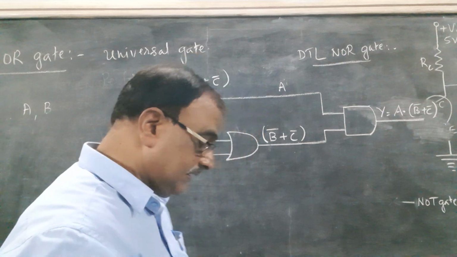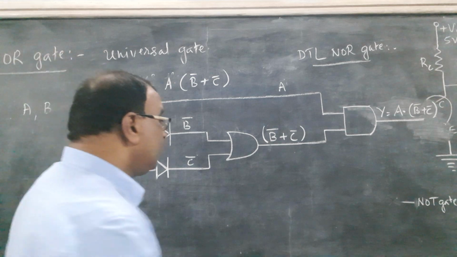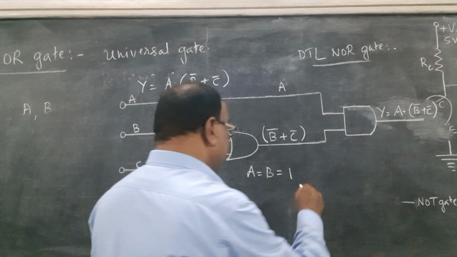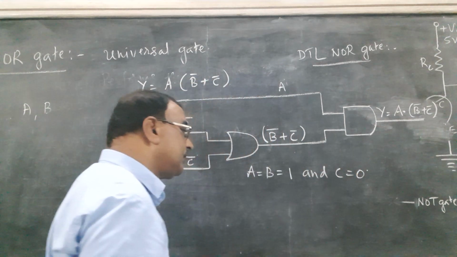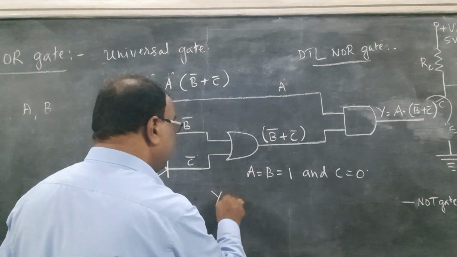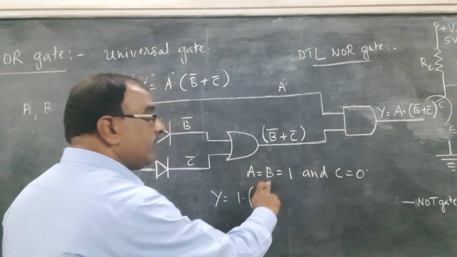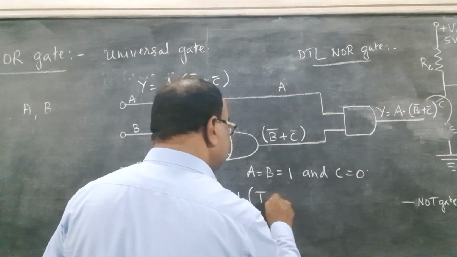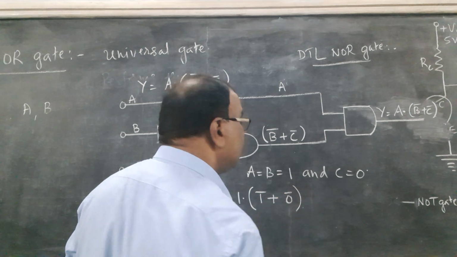And it is also asked to find out the value of Y for A is equal to B is equal to 1 and C is equal to 0. Now let us substitute the values. So Y is equal to A, which is 1, dot B bar, which is 1 bar, plus C bar, which is 0 bar, right?